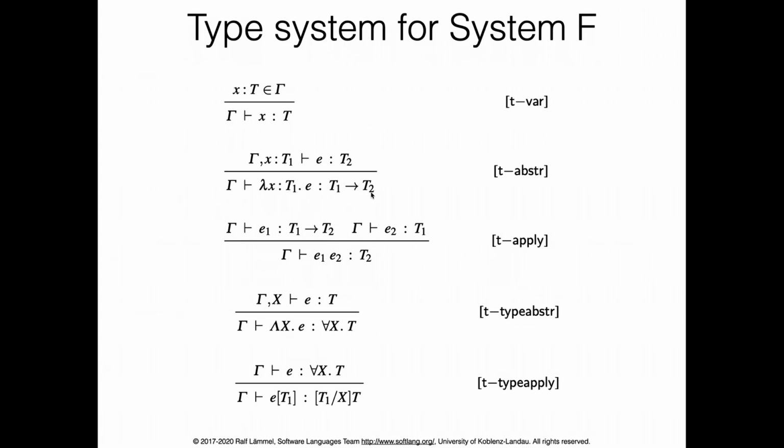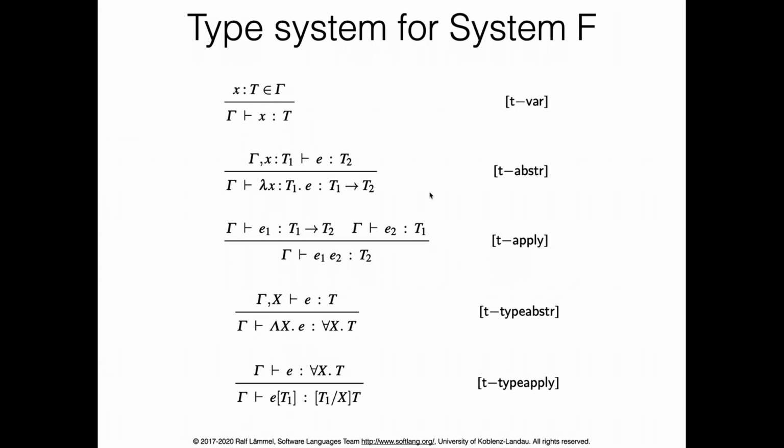And the result type, T2, should be the type that we can determine for the body of the function while we adjust the context appropriately so that we keep track of the fact that within the body, E, the variable x is of appropriate type T1. Okay, and then here we also have the typing rule for function application. Essentially, the first operand needs to be of a function type, and the second operand needs to be of the argument type of the first operand's function type.